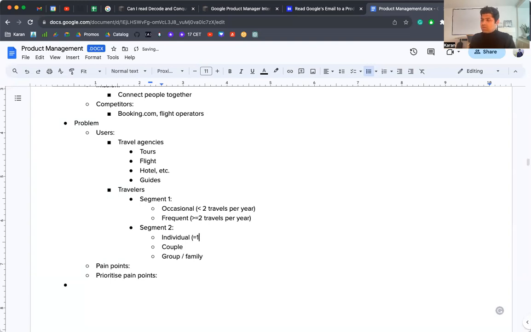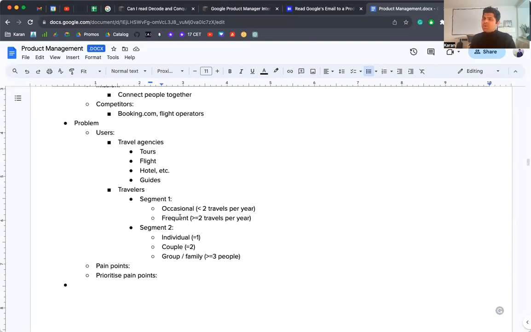So this is equal to 1 person traveling, this is equal to 2 people traveling, and this is greater than or equal to 3 people traveling. Now, let's think of other possible segmentations. I think these two segmentations are good enough.